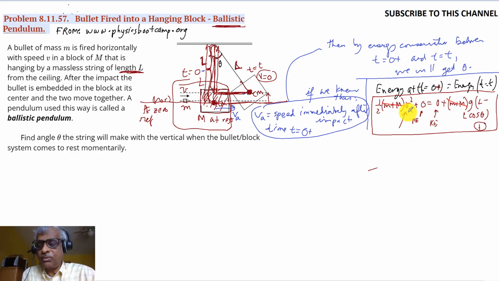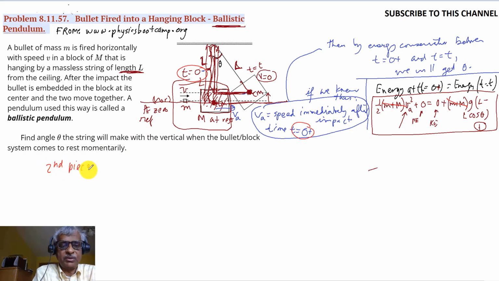I need to have another way to get this so that I can plug in here and get the angle theta, right? So that other one will be between t equal to 0 and t equal to 0 plus. Now I'm across the impact. So the second piece of information I'm going to use is across impact. And you probably already guessed it, this will be momentum conservation.